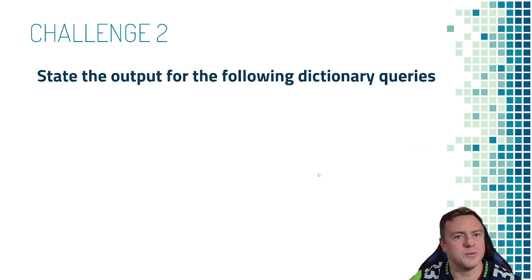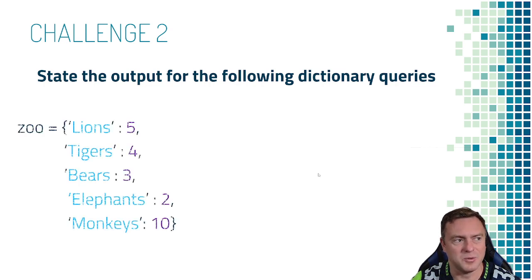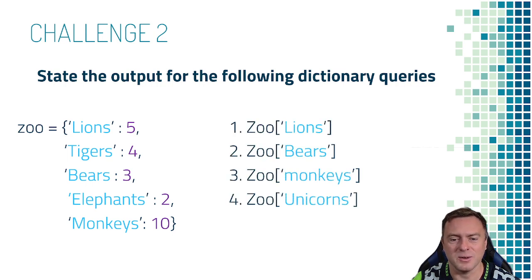For the following, I want you to have a look at this dictionary that I've made for a zoo, with all the different animals inside of it as a quantity. Go through and try to work out these questions. Pause the video and think: what would the value outputs be for each one of those? Awesome.